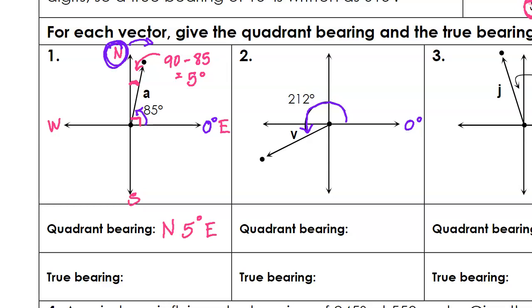So how many degrees is it from the north clockwise to reach our vector? 5, right? We literally just found it. We just found that number. It's 5 degrees from the north clockwise to our vector. Now, sometimes the bearings are written as 3 digits, but they can also just be written as 1.